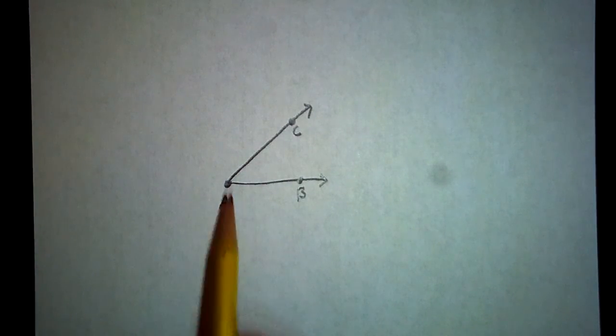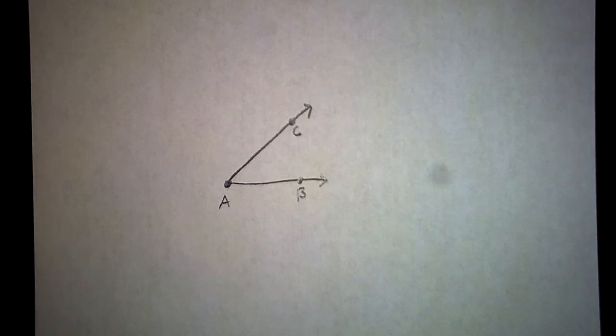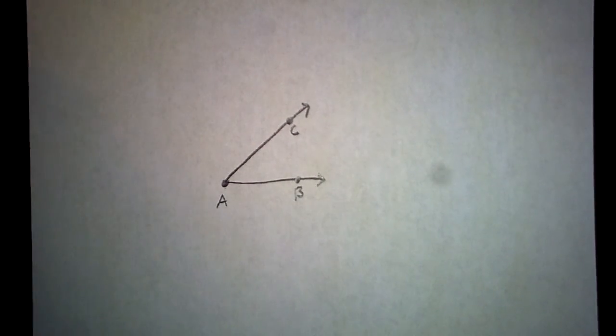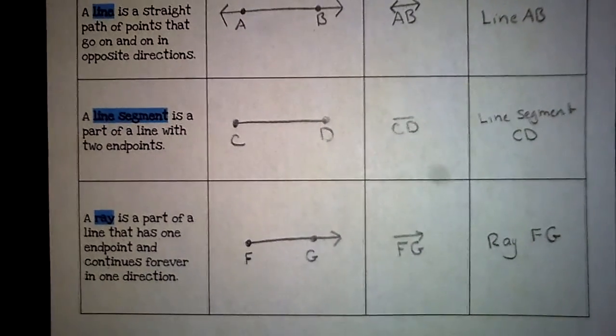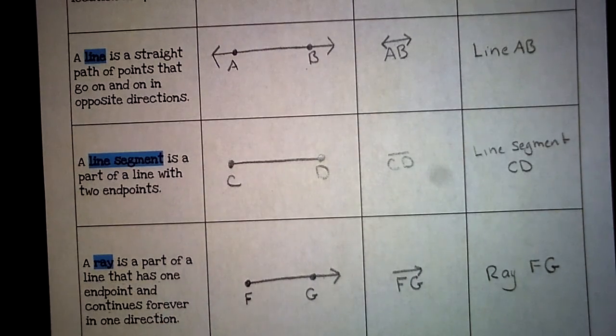And they would share an endpoint, but two different rays make up an angle. But we'll talk more about that on Friday. Okay, back to our vocabulary. Okay, so we've got a point, a line, a line segment, and a ray.